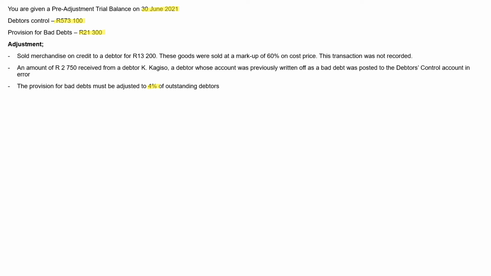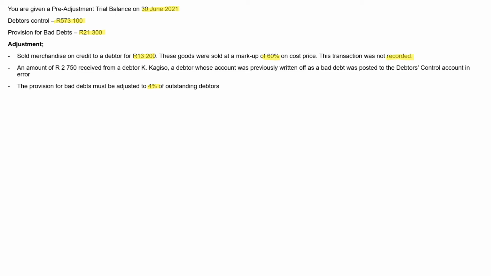So in this particular question, merchandise was sold on credit to a debtor for 13,200. These goods were sold at a markup of 60%. We don't really need to calculate that, because we're not focused on cost of sales, which you would adjust when doing the income statement. In this instance, we're not going to use that 60%. This transaction was not recorded, so it was skipped.